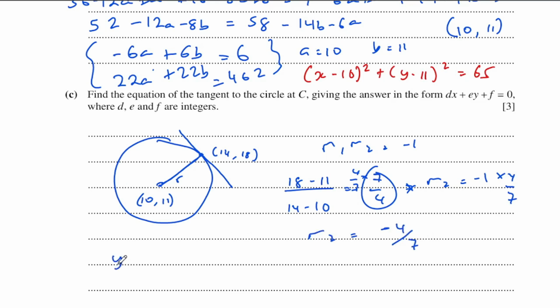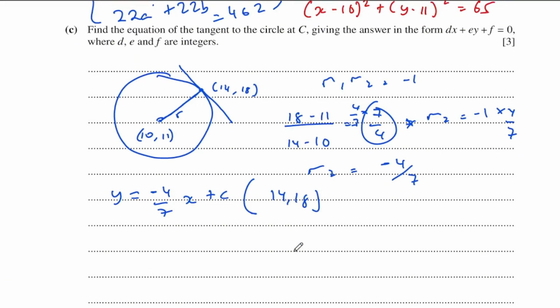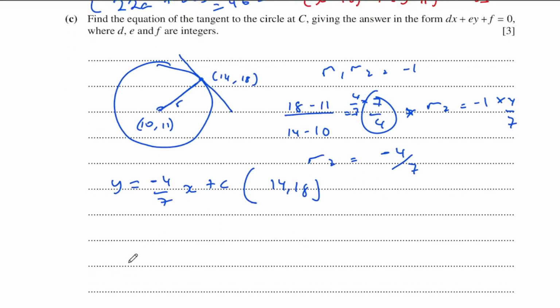So now we are at y equals negative 4 over 7x plus c, and we can put in our points, which is 14 and 18 for the point C, and you have 18 equals negative 4 over 7 times 14 plus c, which will become 18 equals negative 8 plus c, so c equals 26.